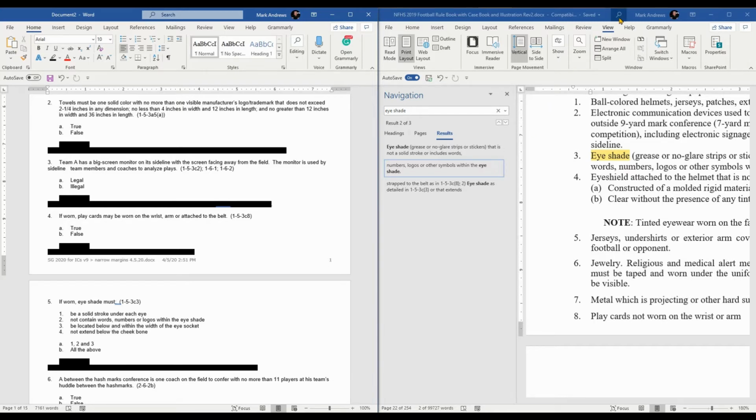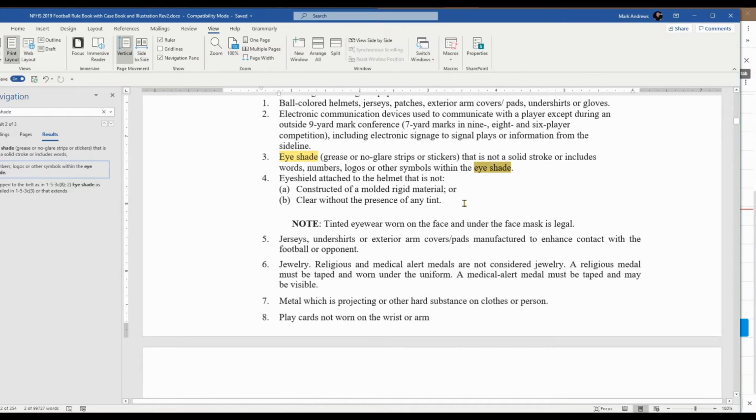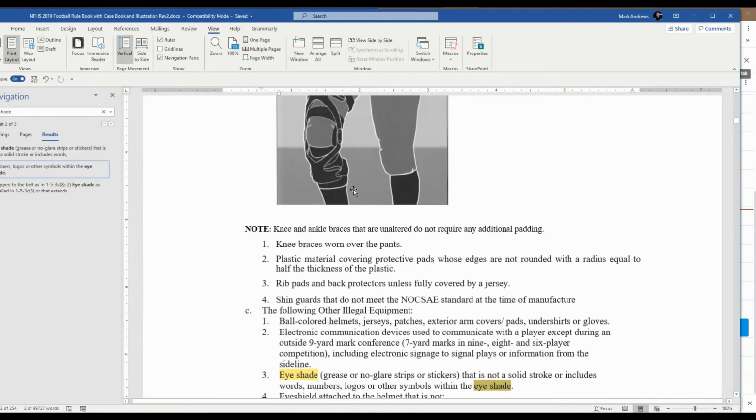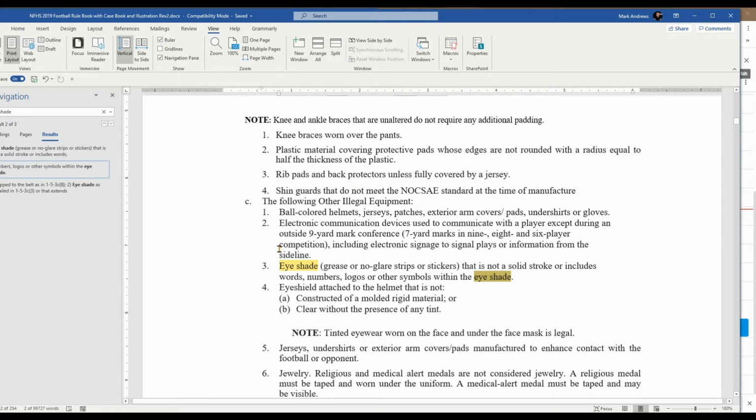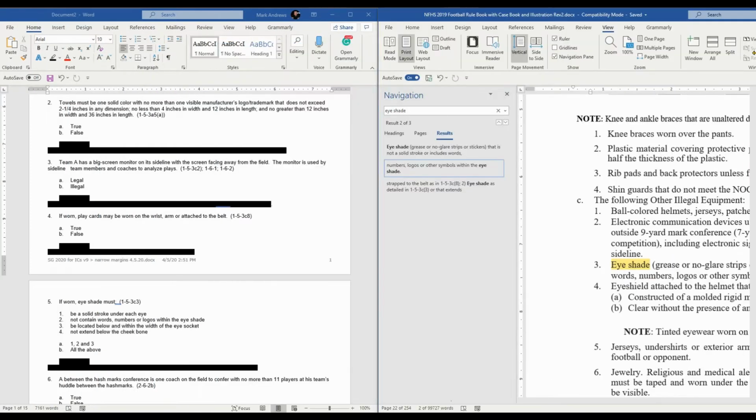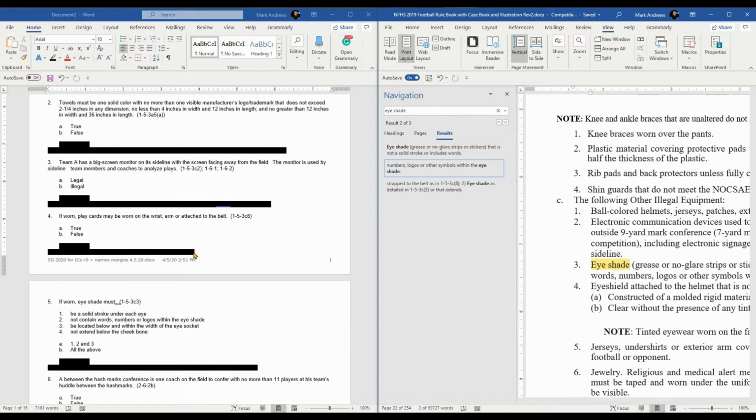So eye shade is covered in the illegal equipment category. So by definition, eye shade is illegal when it's not a solid stroke or if it includes words, numbers, logos, or other symbols within the eye shade. So that would seem to mean that it's only A and B, right? But how do we mark that? Because that's not a choice.